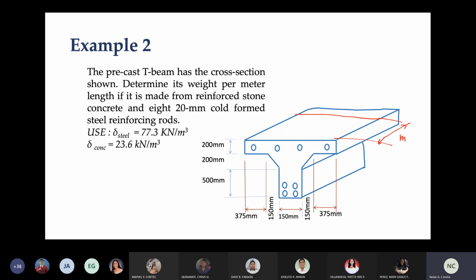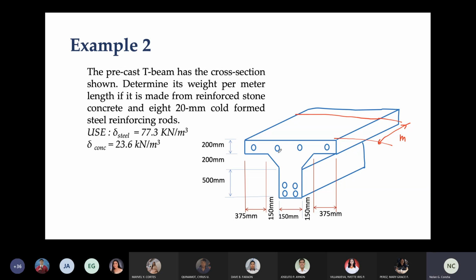So we take 1 meter of reinforced stone concrete and 820 millimeter cold formed steel reinforcing rods. So these are your steel reinforcing rods. We use the unit weight for steel, 77.3 kilonewtons per cubic meter, and for concrete it is 23.6 kilonewtons per cubic meter. So basically, we simply take the area, right? The area times the unit weight will give us the weight per meter length.